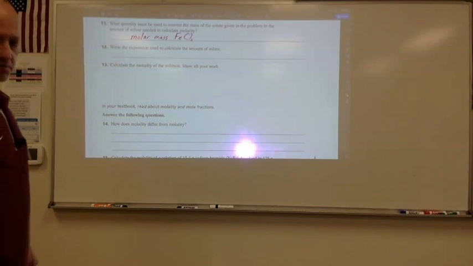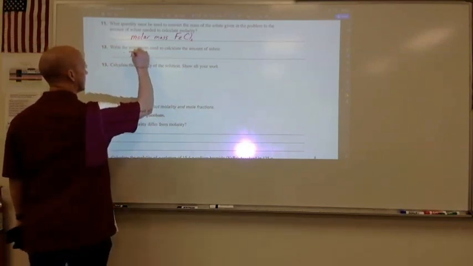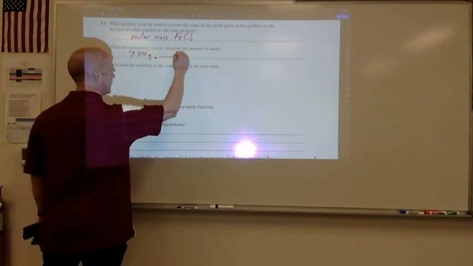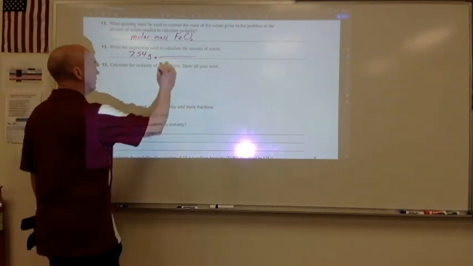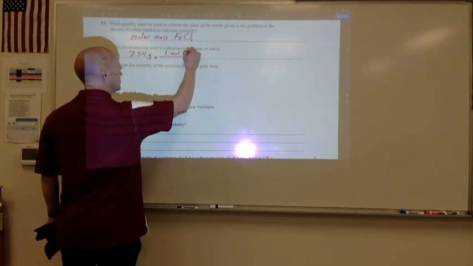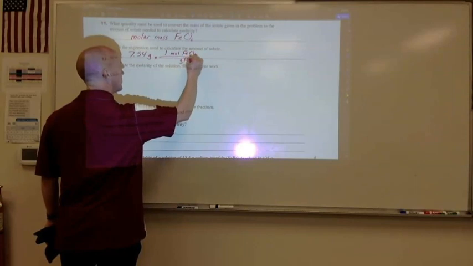Now, write the expression used to calculate the amount of solute. I'm going to use a little dimensional analysis again. Our amount was 7.54 grams, and I need to calculate moles instead of grams. So I'm going to put moles on top, 1 mole of FeCl2, and grams on the bottom.